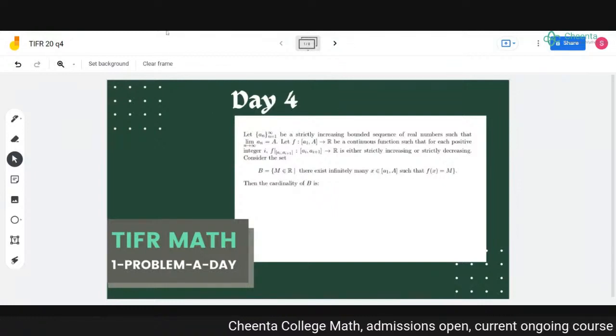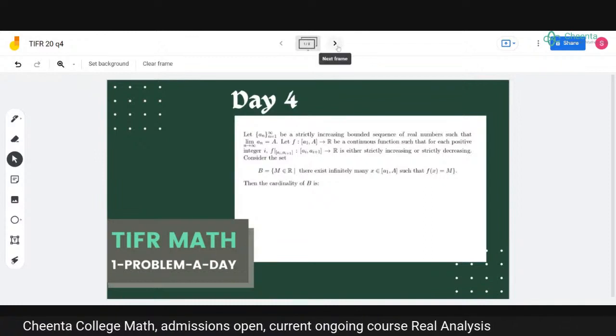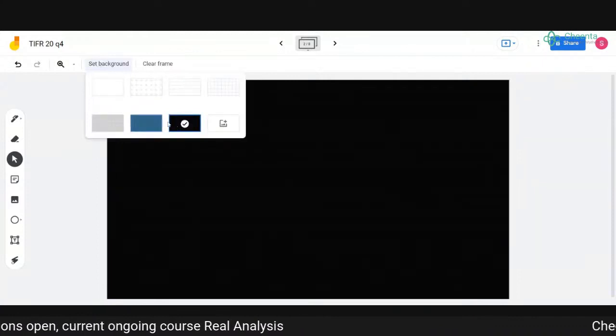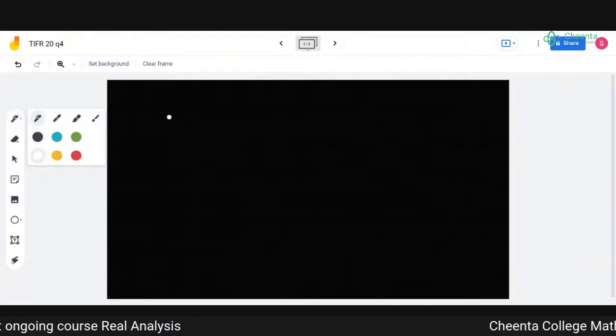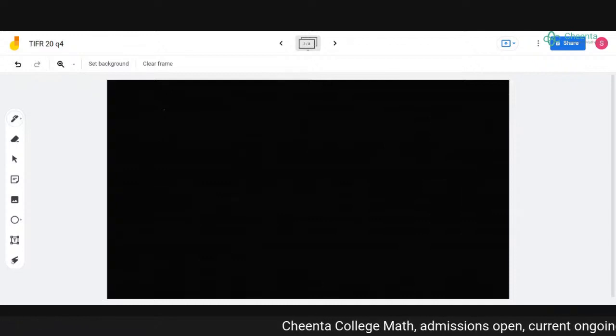Okay, so the cardinality of the set B. Let's get on to understanding the cardinality of the set B. This is one of those classical TIFR problems.